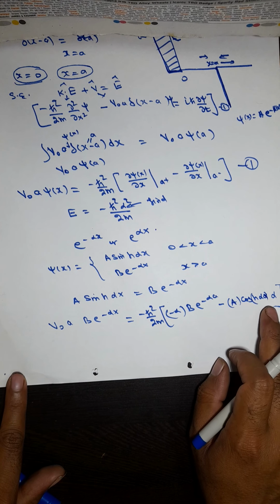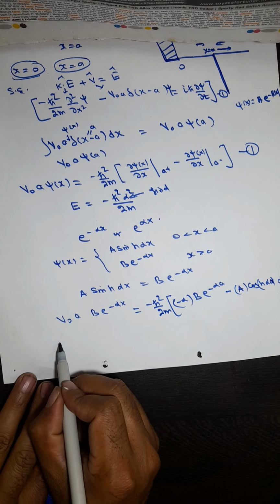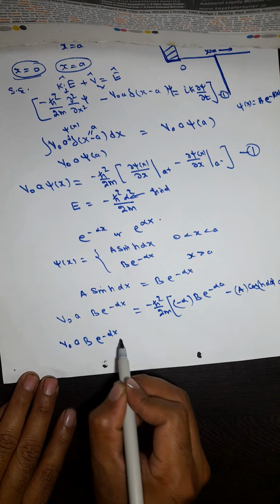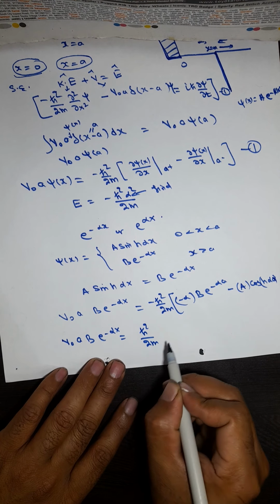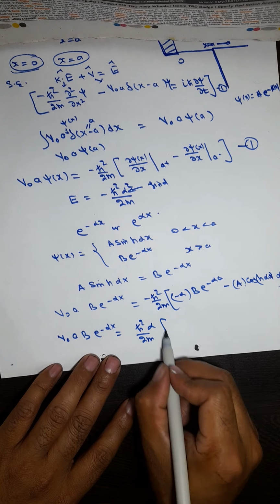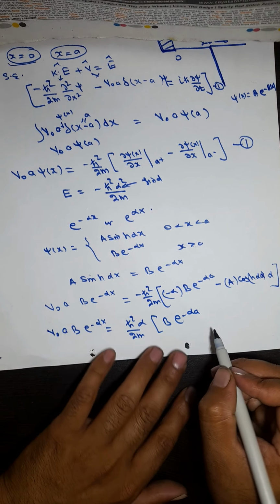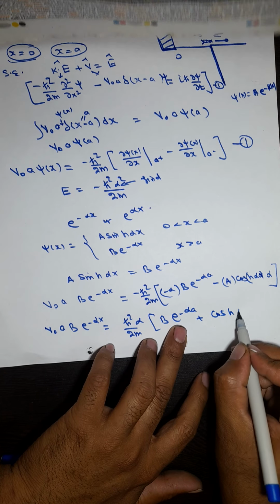Taking alpha minus alpha from both sides, this becomes a plus. So b naught a b e raised to the power minus alpha a is equal to h-bar squared by 2m times alpha, times b e raised to the power minus alpha a plus cosh(alpha a).